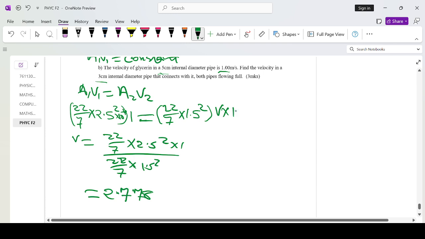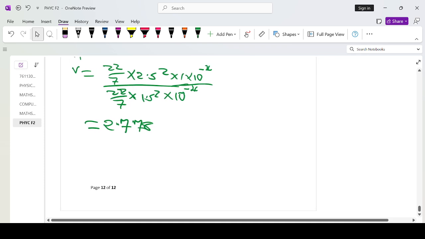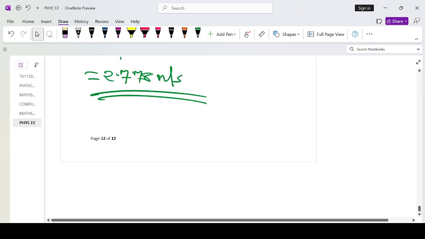Also here you multiply by 10 power negative 4, so that you make sure you are working with the SI units, converting the centimeters to meters. I am going to get this in meters per second. That's the velocity. That marks the end of that paper.